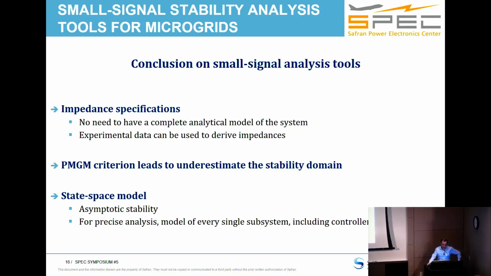That's a good thing, because experimental data can be used in real time and in an online manner. But the phase margin and gain margin are a little bit conservative, so you underestimate the stability domain. And for the state space model, what is good is that you have a sufficient and necessary condition, but the bad thing is that you need a detailed model.